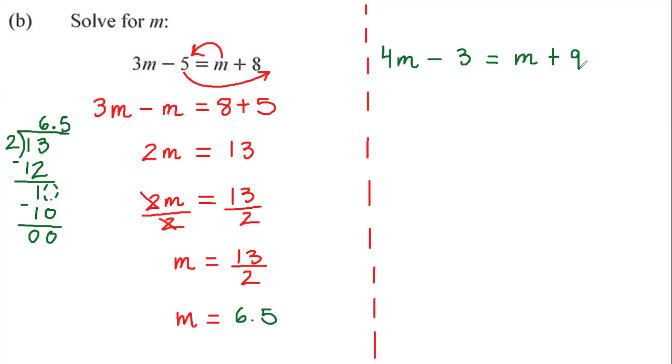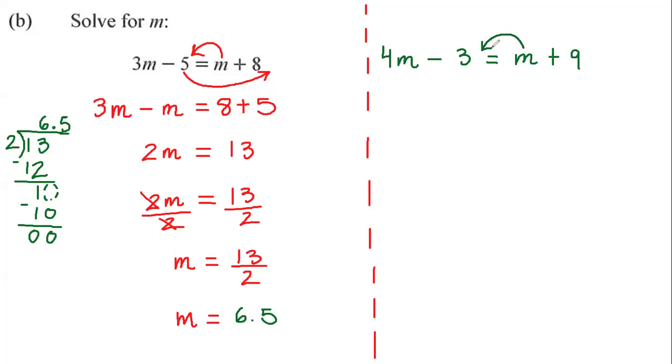All right. What is the first thing we're going to do? Transfer over to make like terms together. Very good. So we're going to send it over. I'm going to send this M over here.